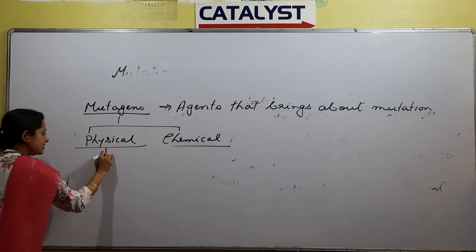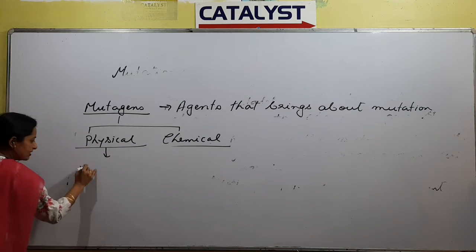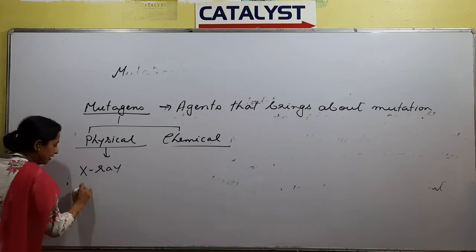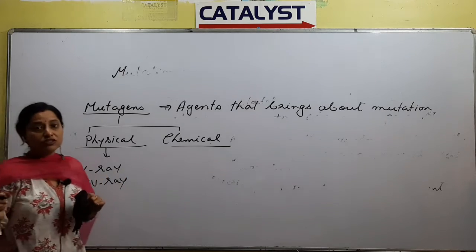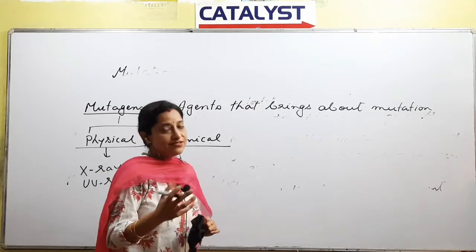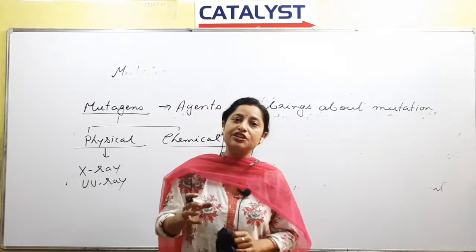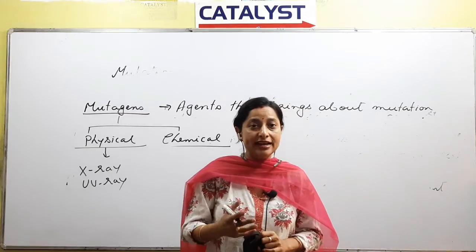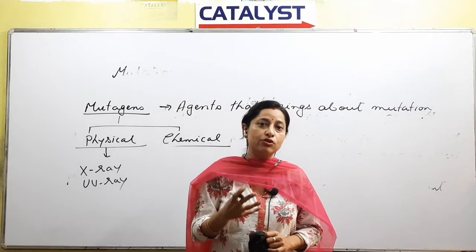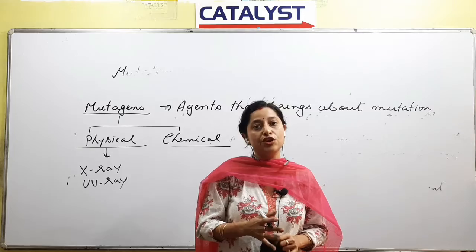If you are talking about physical, what would be the agents? For example, X-ray, UV ray. If our organism is exposed to X-rays and UV rays, as a result mutation might take place, and that is the reason why we are often advised by the doctors that we should not expose our body to X-rays more frequently.